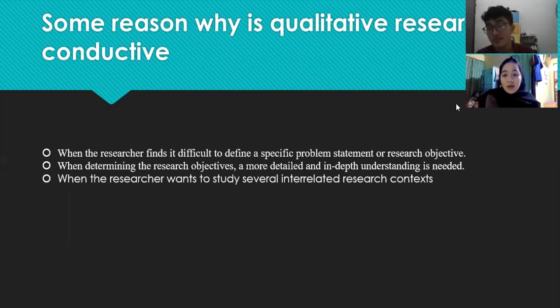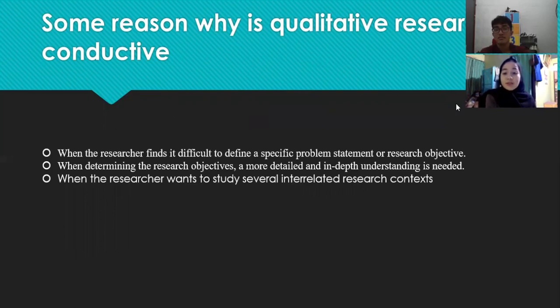This accounts for the complexity of formulating a statement for a specific research challenge. Another option is to define the problem in terms of quality, such as community reaction, opinions, or other information for elaboration. And then when selecting the research objective, a more precise and in-depth understanding is needed.